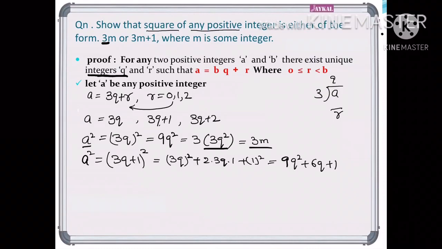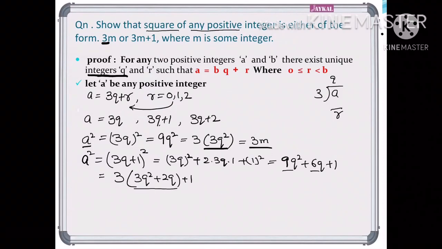And again in first two terms 3 is common, then we can write it as 3 into what is left here, 3q square plus 2q, and what is left in the next term, 1. Now observe this factor in the bracket.